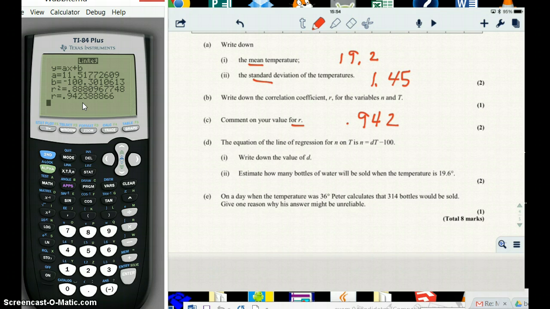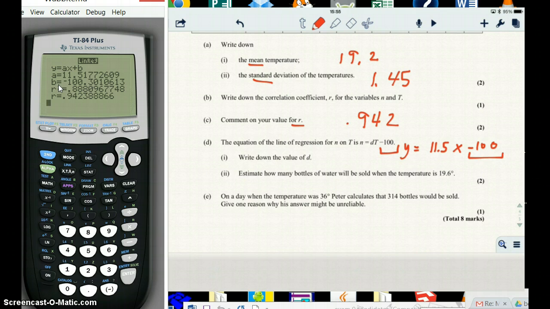So the equation of the line of regression for n on t is n equals dt minus 100. And you can see that the formula that the linear regression gives you is pretty much the same format. So we say y equals 11.5x minus 100. You can see that the minus 100 matches up, which means you're headed in the right direction.